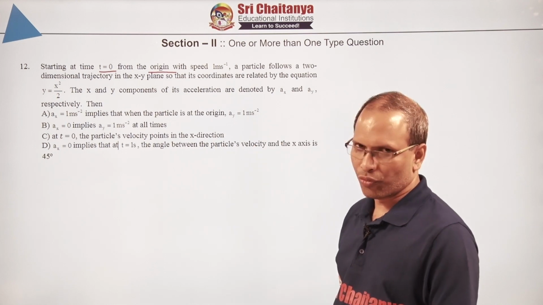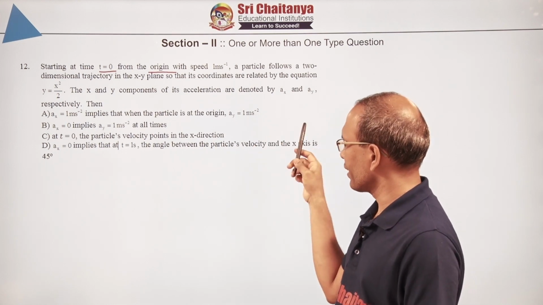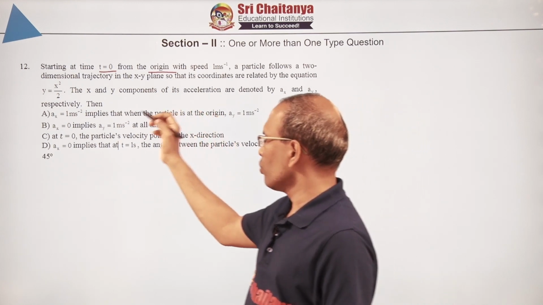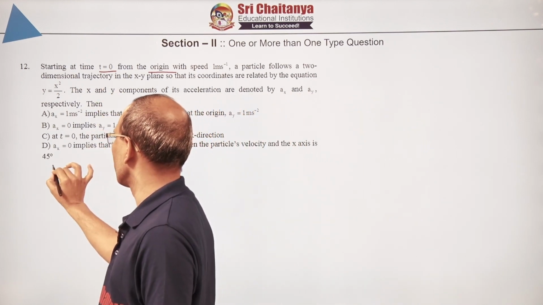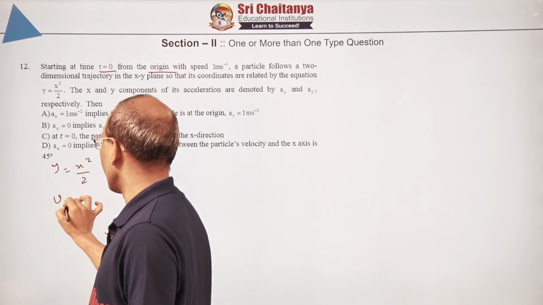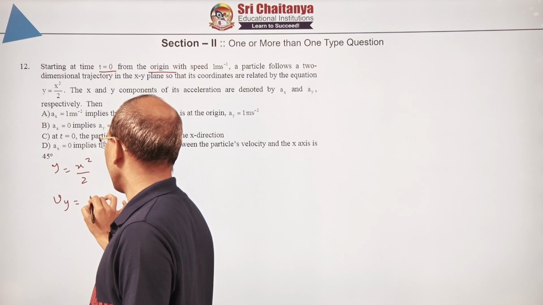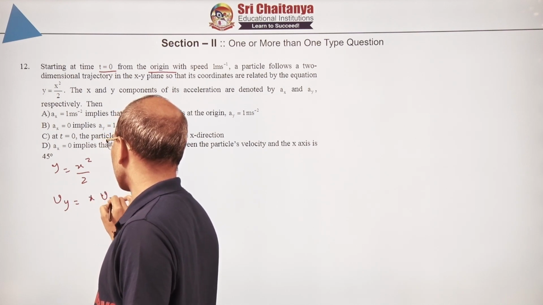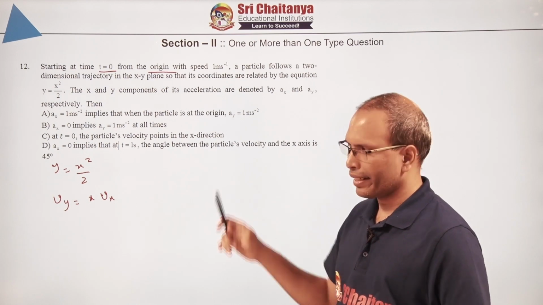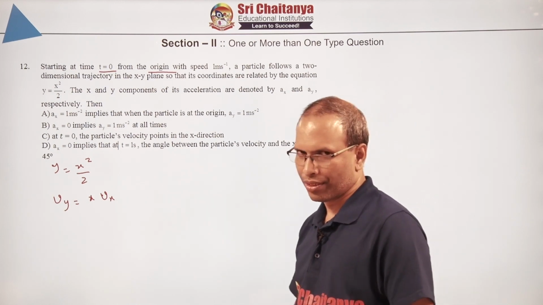Now let us see first of all what is the relation between ax and vx, and ay and vy. So now we have y equal to x square by 2. If I differentiate, we get vy equal to x into vx. That is x into 2x, the 2 gets cancelled, into dx by dt, which is vx.